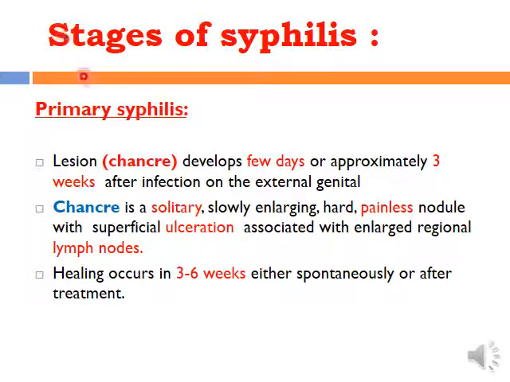Regarding the primary stage, as we said before, the main characteristic lesion is called chancre, and it usually develops a few days to a few weeks after getting infection with the microorganism. These lesions are usually found at the external genitalia of both male and female, and this chancre is a solitary, slowly enlarging, painless nodule that sometimes ulcerates and is associated with regional lymph node enlargement.